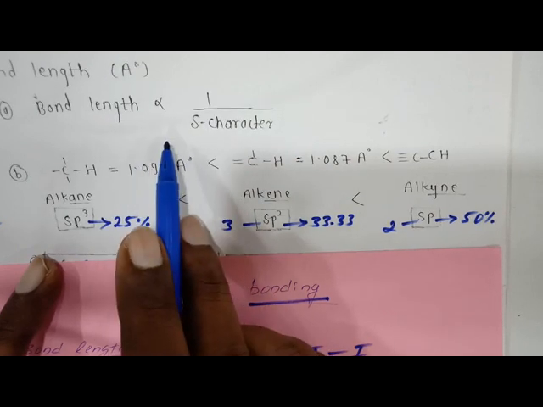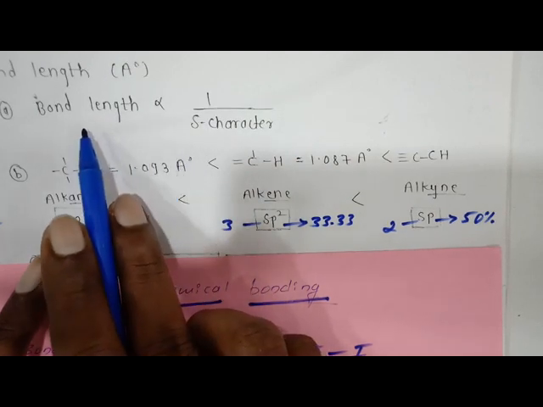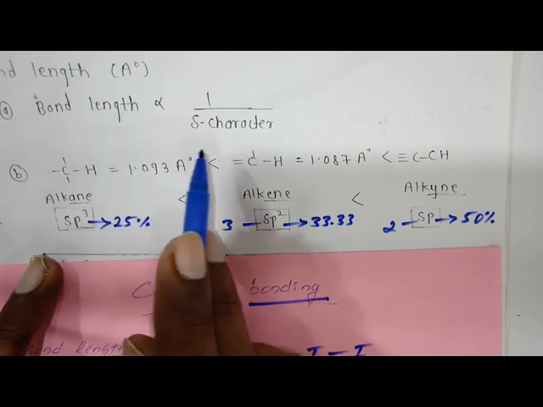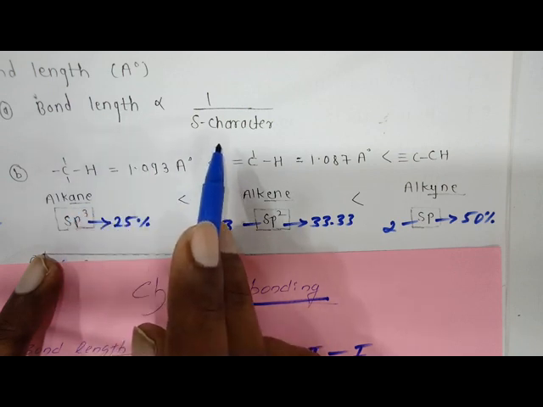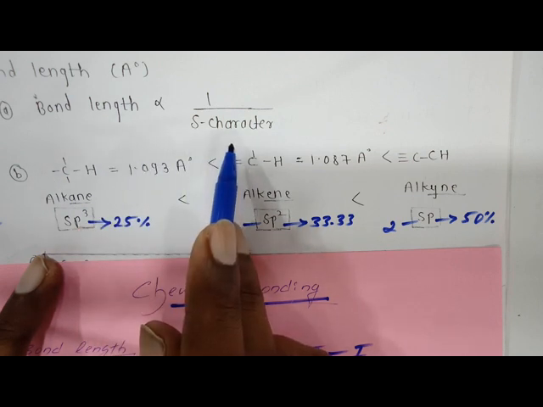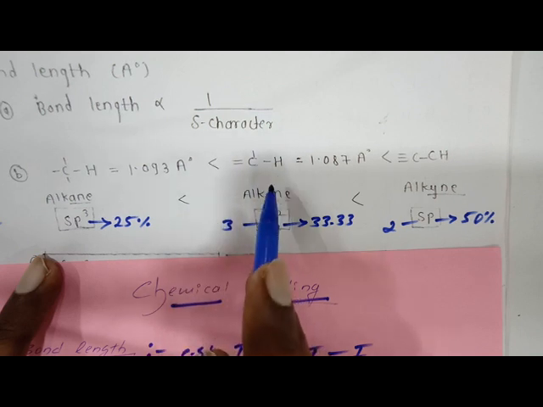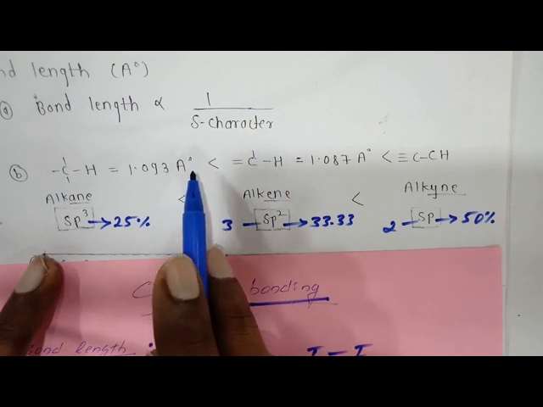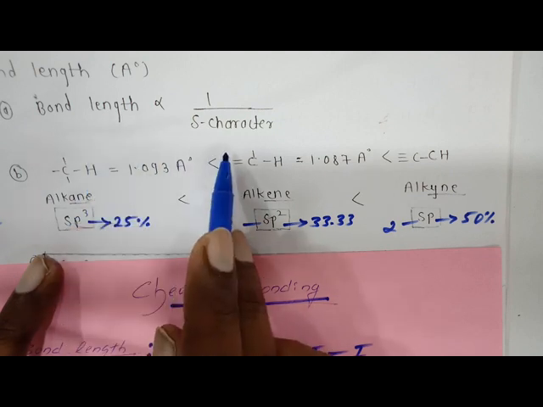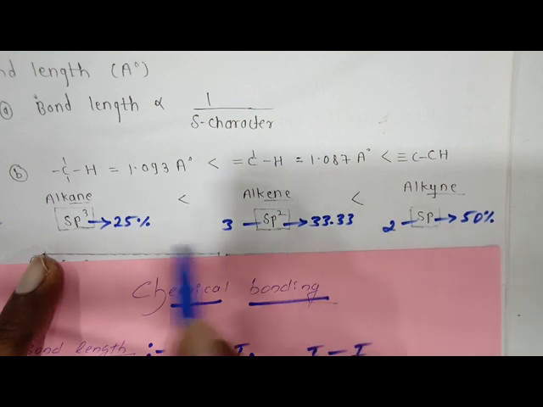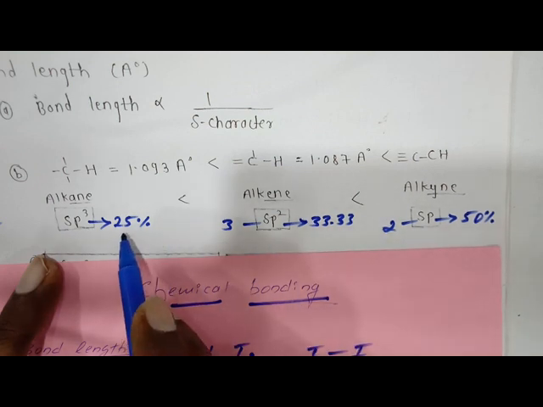Means vice versa. Suppose we can say bond length increases, then S character decreases. Or suppose S character increases, bond length decreases. As we know, from alkane to alkene to alkyne there is an increase in the percentage of S character.